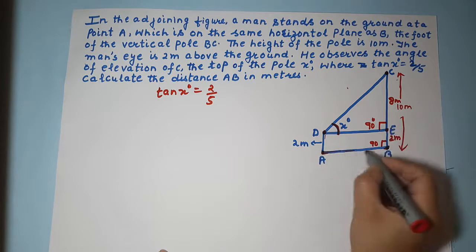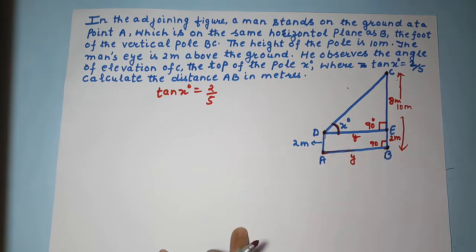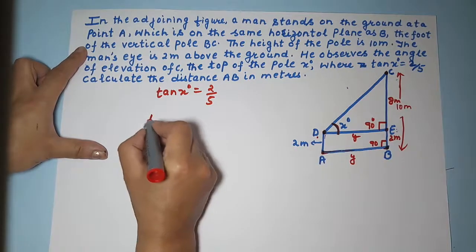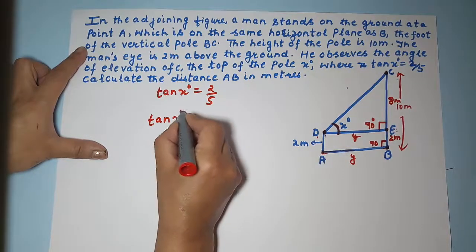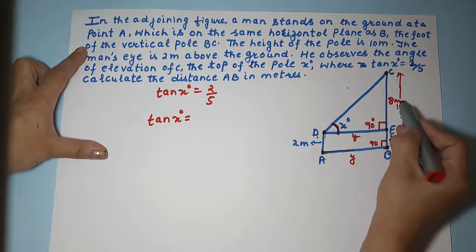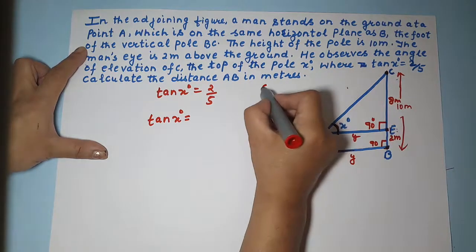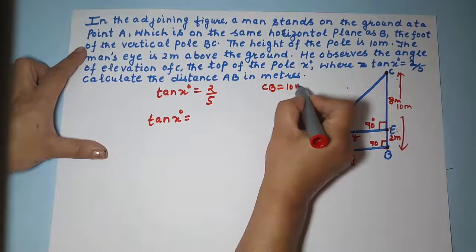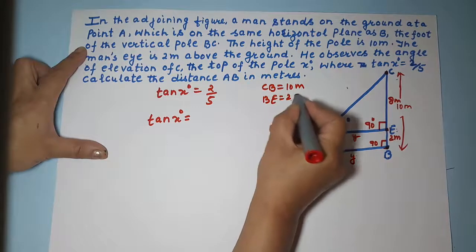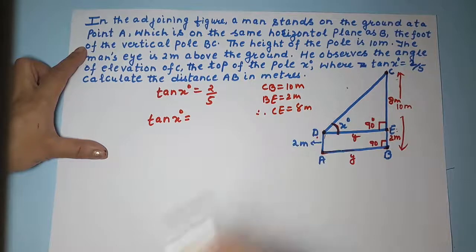Now you can clearly see that AB distance is equal to DE. Let's say this is Y. So let's take this triangle CED. In this triangle, tan X degree is equal to opposite upon adjacent. Because entire CB is equal to 10 meters, and BE is equal to 2 meters, therefore CE is equal to 8 meters.